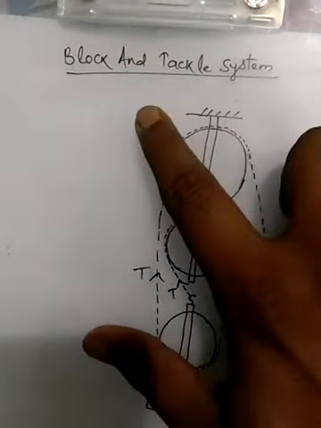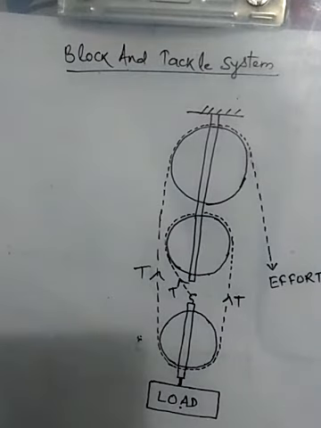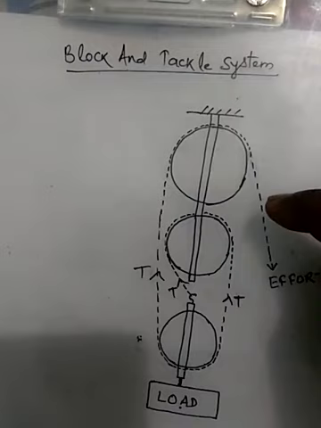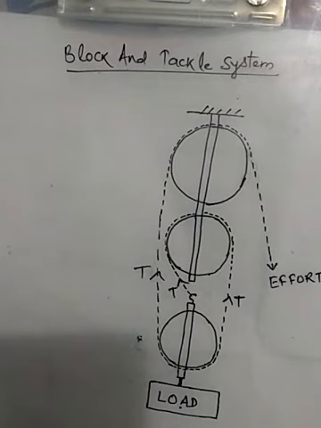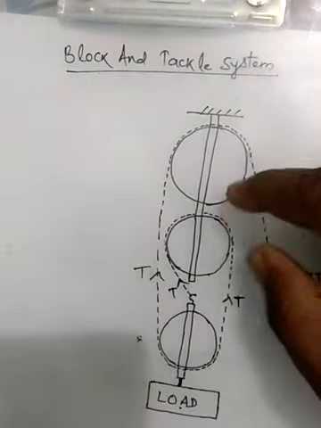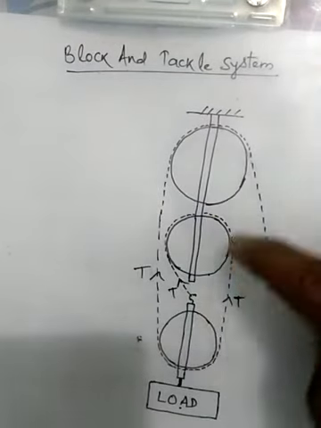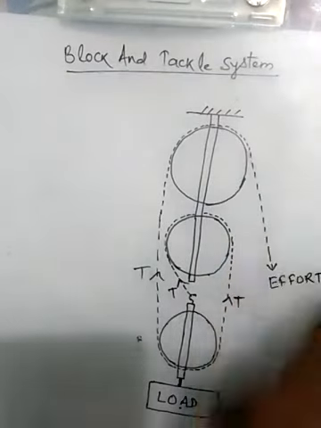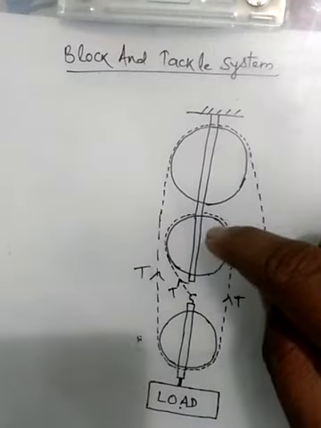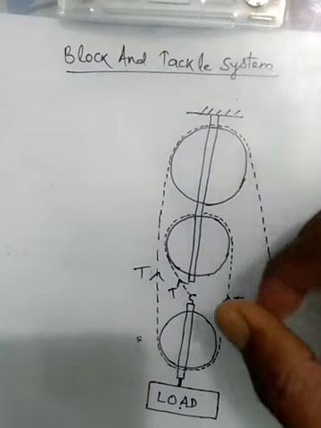Now we will discuss the next topic, that is the block and tackle system. It is a combination of both fixed and movable pulleys. In this system there are two blocks. This is one block and this is another block. This is fixed and this is movable. This is a combination of two blocks in which the first block consists of several pulleys.